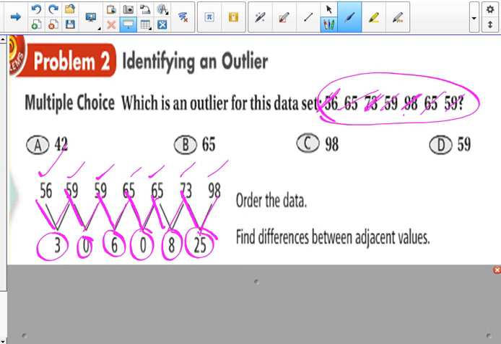Where was the greatest difference? It was the 25 was our greatest difference, right? Because we had 3, 0, 6, 0, 8, 25. 25 is greatly different from all these. Does everyone see that? So that means that 98 here is our outlier.